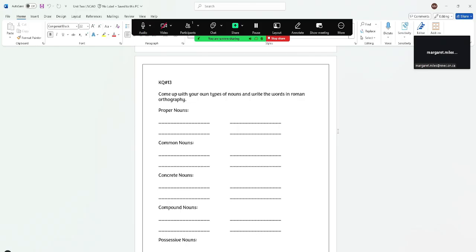So on the first one, proper nouns, come up with your own. So here I have 1, 2, 3, 5: proper nouns, common nouns, concrete nouns, compound nouns, and possessive nouns.